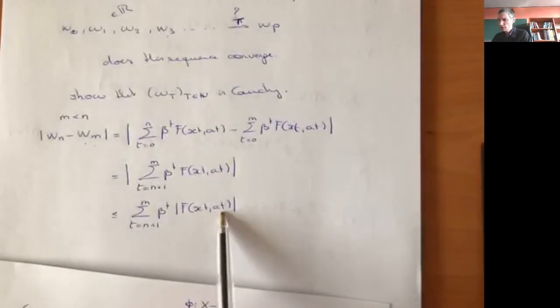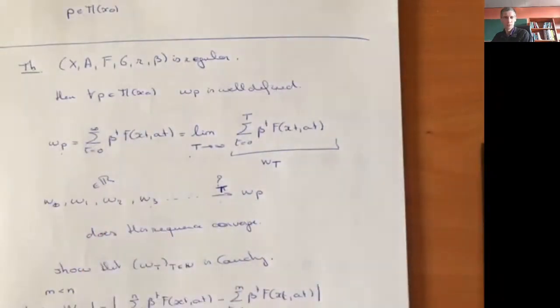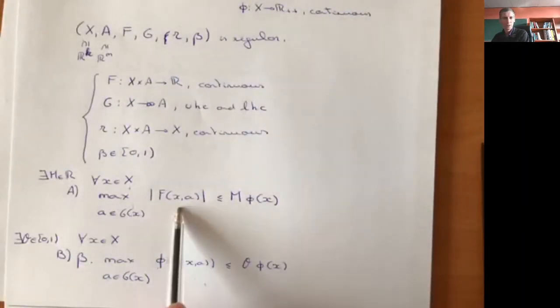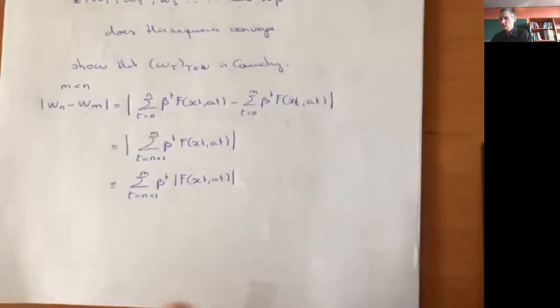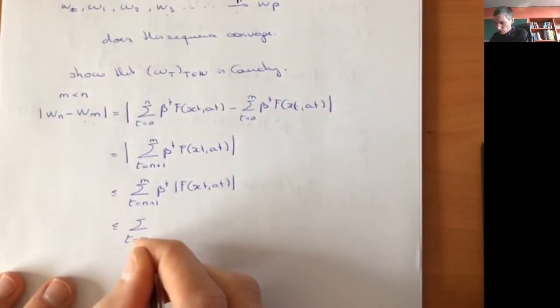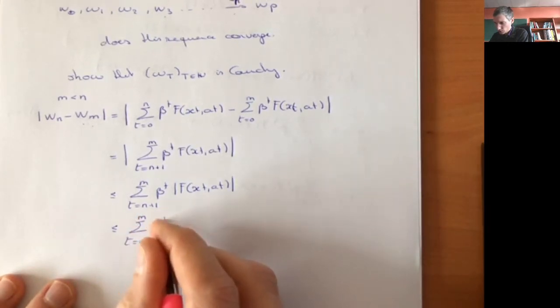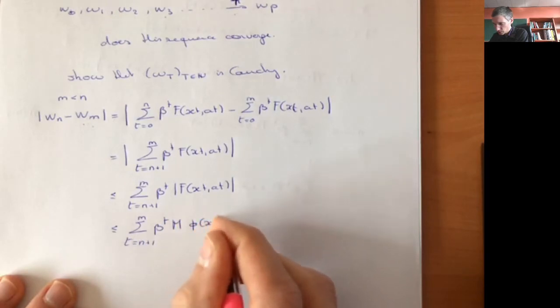All right, so here at was feasible given xt, right, because it's based on a path P, on a feasible path that starts at x0, right? So this has to be less or equal to the maximum that I can get at xt, and this is less or equal to M times phi of x. So I know that this is less or equal to the sum from t equal to m plus 1 to n of beta to the power t times M times phi of xt.